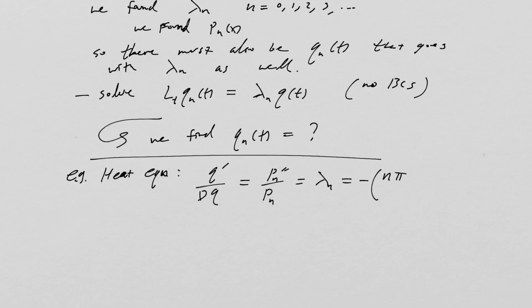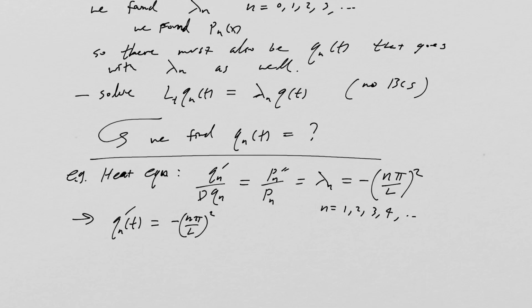It's going to be negative n pi over L quantity squared, and n is going to start at 1, go to 2, 3, 4, and up forever. So that means we need to now find those Qn's. So let's find it. It's going to be Qn of t prime is equal to negative n pi over L quantity squared times Qn of t.